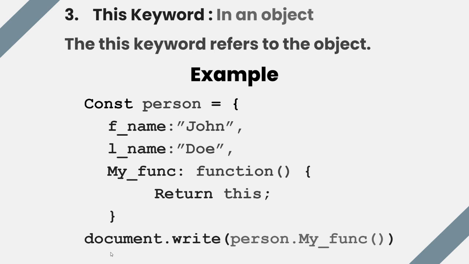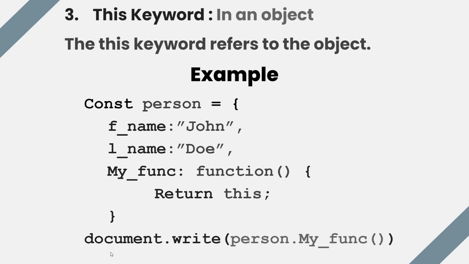So if you look at the example closely, you would see that we have an object declaration which has the object name of person, and within the object we have some key value pairs. So you have f underscore name, which is a key name. It has the value of John.